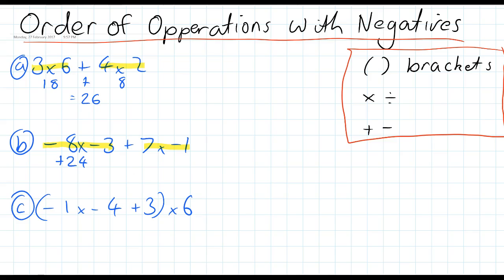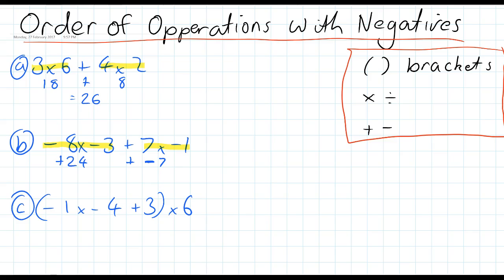Then I go to my next thing, the one in yellow. 7 times minus 1 is minus 7. So I'm left with 24 plus, from the question, minus 7.